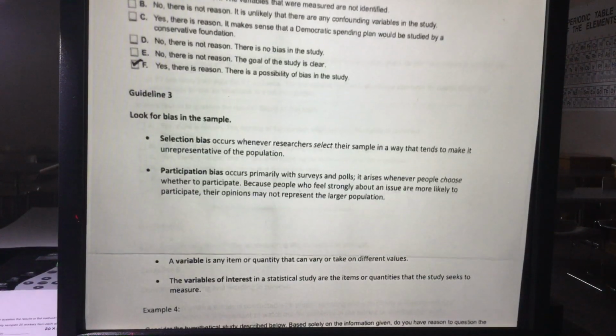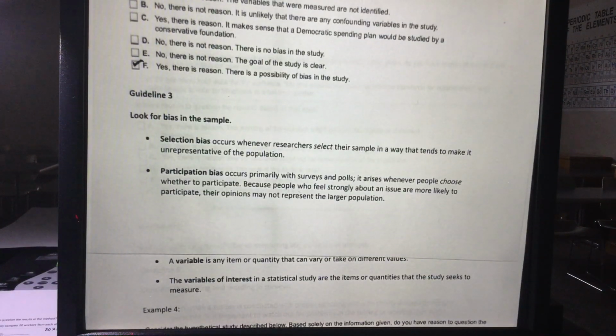Now, guideline number three is to look for bias in the sample. There are 2 types. One is selection bias, the other one is participation bias. Selection bias occurs when researchers select their sample in a way that tends to make it unrepresentative of the population. Okay.